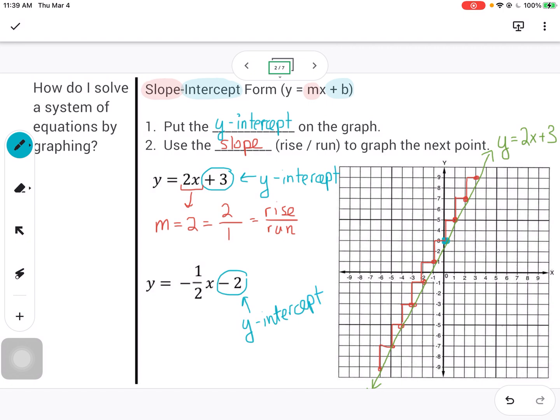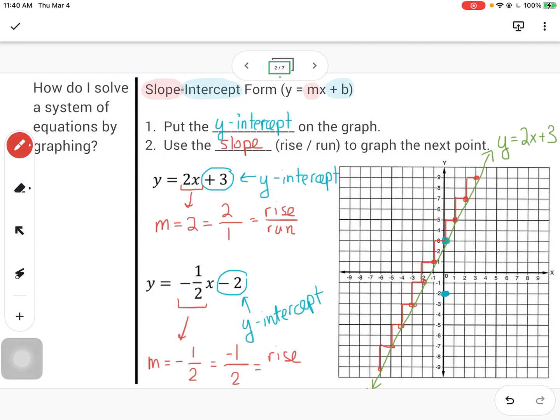We're going to start at -2. Our slope is -1/2, which we can write as -1 over 2. We can move that negative either to the top or the bottom.